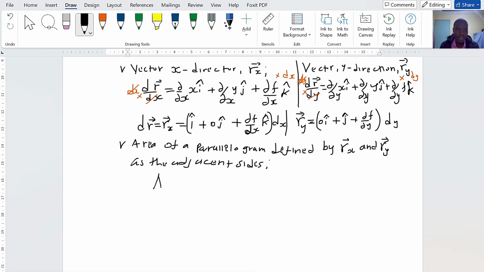So the area is simply the magnitude of Rx cross Ry.